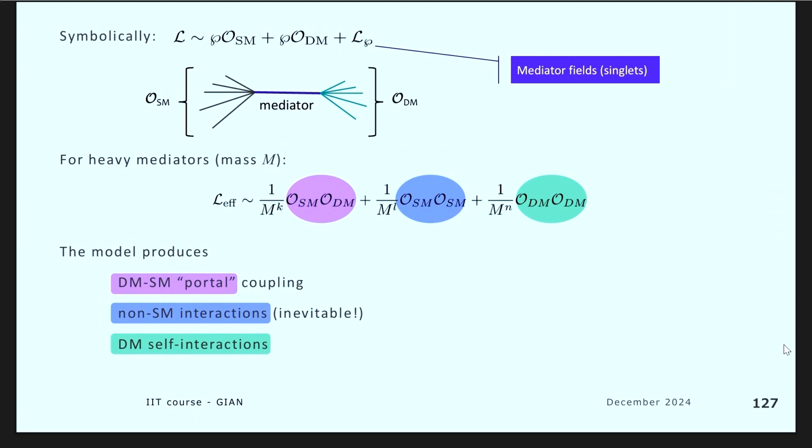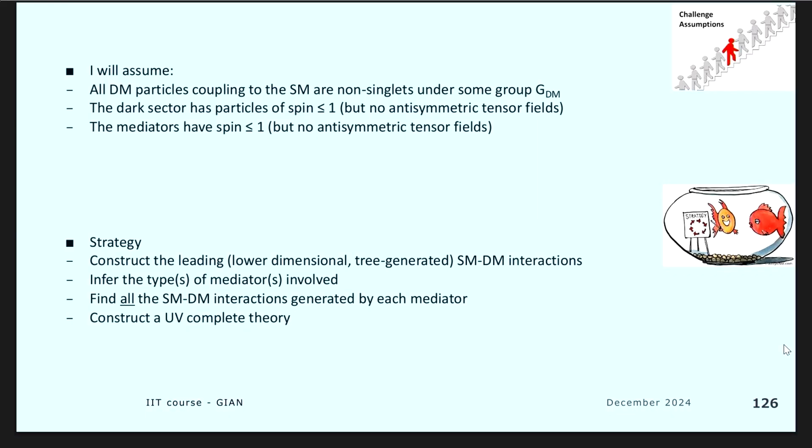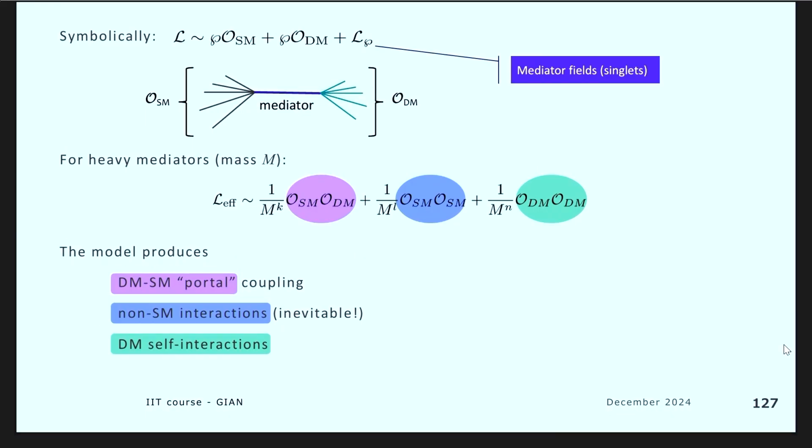Okay. Symbolically, the Lagrangian looks like this. You have the mediator P coupling to SM and DM, plus L_P, the mediator Lagrangian. Fields are assumed to be singlets under both the standard model symmetries and under this guy, GDM. And they have some Lagrangian between them. So you have this kind of thing. This would be O_SM, this O_DM, and you get O_SM O_DM divided by some mass here.